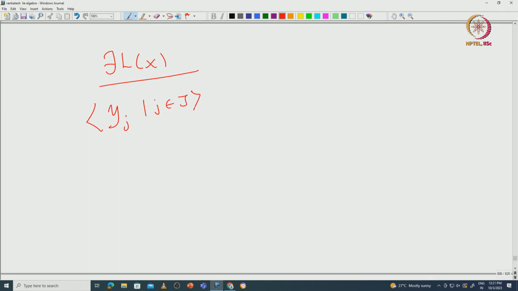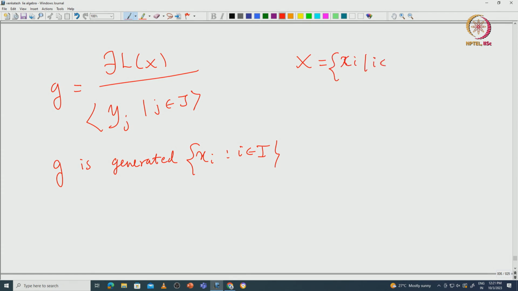So, then if this quotient is your G, then we say that G is generated by x_i, i in I, where capital X is your set x_i, i in I, modulo the relations y_j equal to 0 where j is coming from capital J.